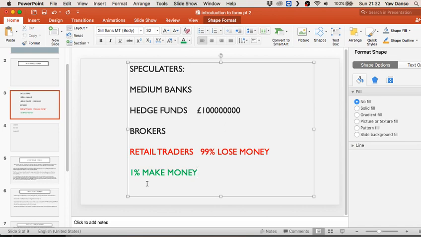Like I explained earlier, when you are losing, someone is making it. So 99% are losing and 1% is making. That's a lot of money from a lot of people to just 1%.